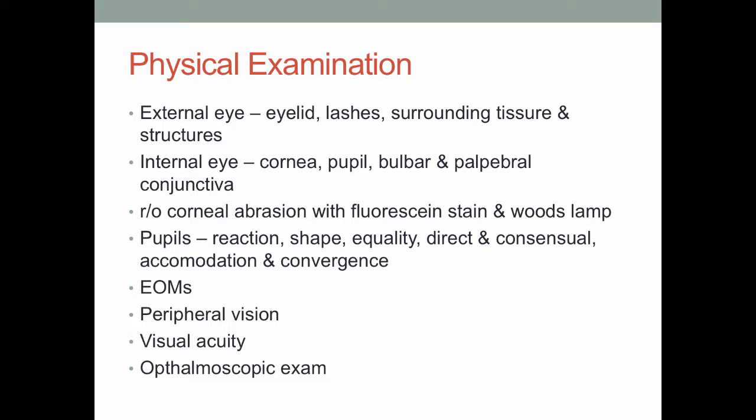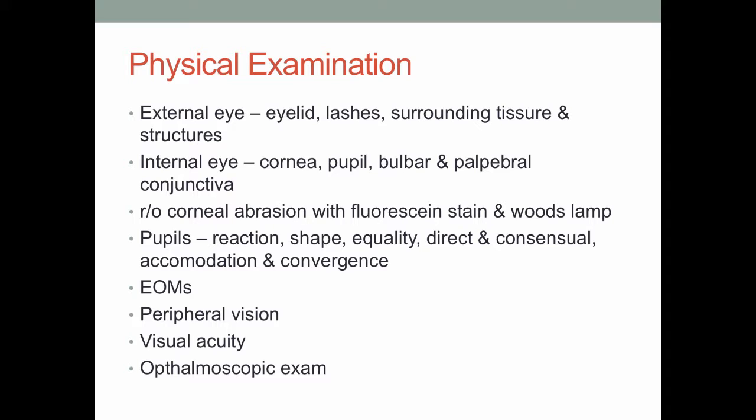And looking at his pupillary reaction, shape, equality, direct and consensual, for accommodation and convergence, as I said, the affected red eye had just a slightly bit more sluggish reaction to light. EOMs were intact, peripheral vision was okay, visual acuity was decreased, and ophthalmoscopic exam looked pretty normal.